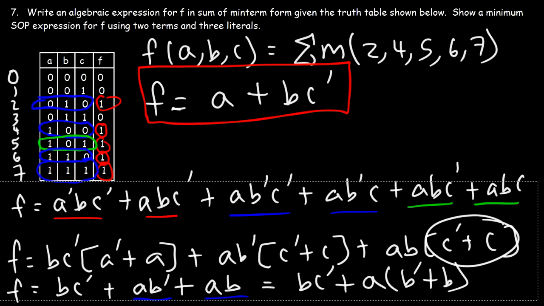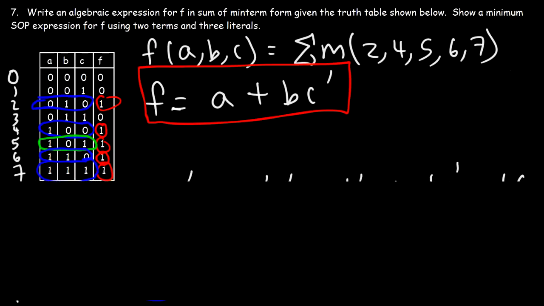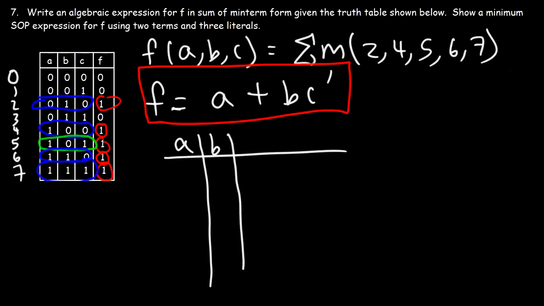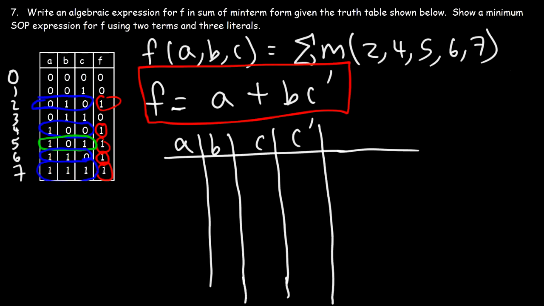Now let's confirm that this answer is the right answer. And so what we're going to do is construct a truth table using those values. So let's start with A, B, and C, and then we need C prime, and we need BC prime, and then once we add A to BC prime, we'll get the function f.